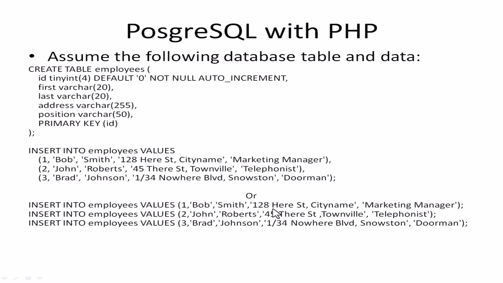Next, PostgreSQL with PHP. So basically, what is PostgreSQL? Where is it used in PHP? How to use it? Basically, PostgreSQL is similar to the basic MySQL commands which we are using. You can create a database and create a table.